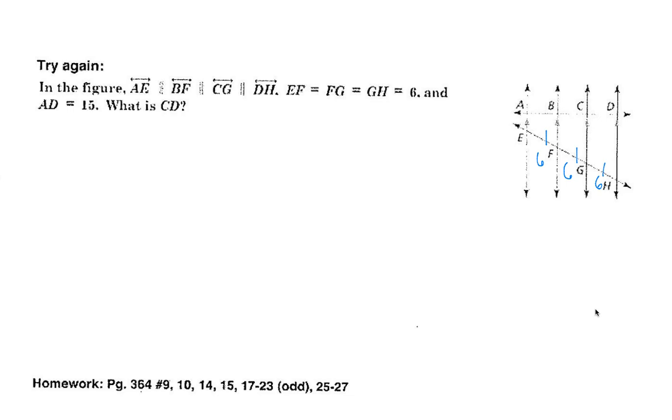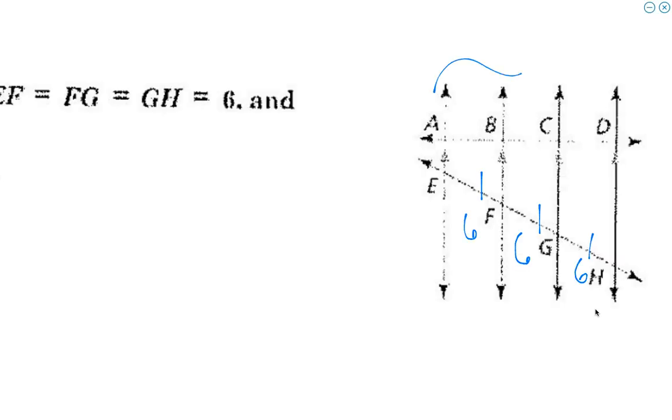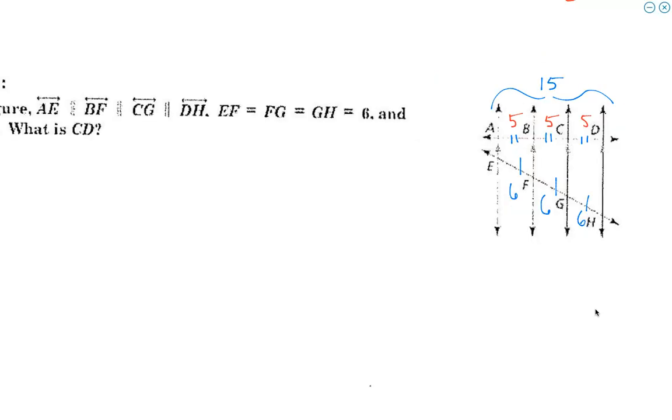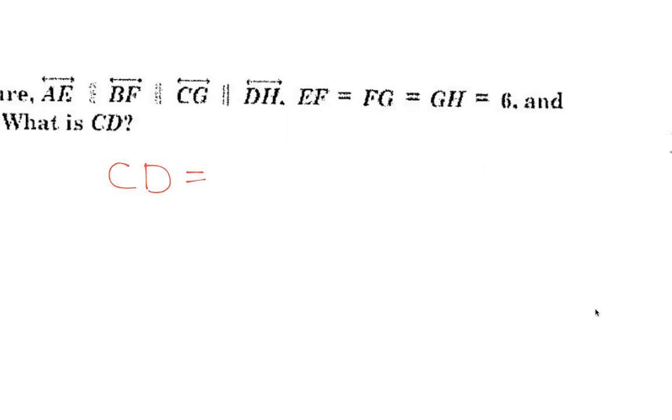AD is 15, so this time they told us they're all 15, but we know that they're all congruent. That means they are each going to be 5. So CD equals 5.